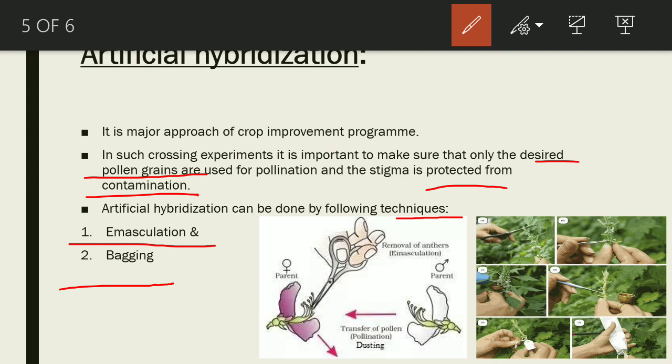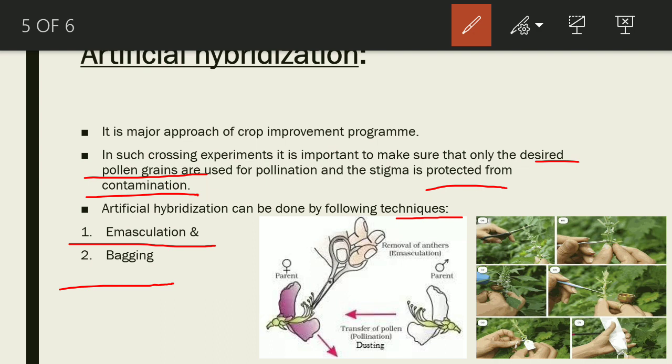Now, what is emasculation? Emasculation is the removal of anthers from the bisexual flowers of female parent plant, and the emasculation is done before the anthers get mature. It prevents self-pollination.